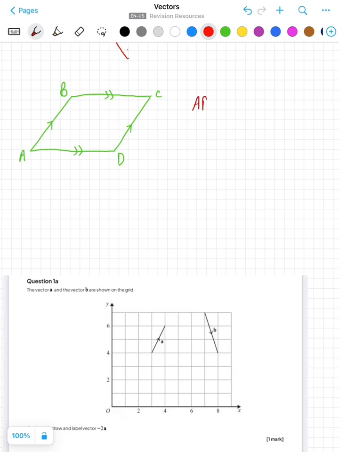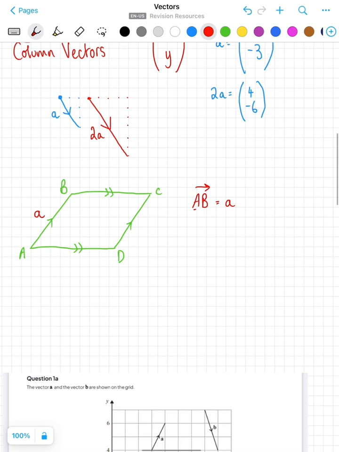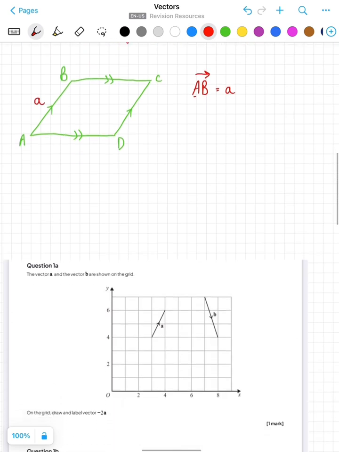Now let's say the vector A to B, so we show that by an arrow showing that we're starting at A and we're going to B. And let's say that's represented by a. Now we don't need to refer to any column vectors when dealing with diagram vectors. We can just leave it in terms of our letter.